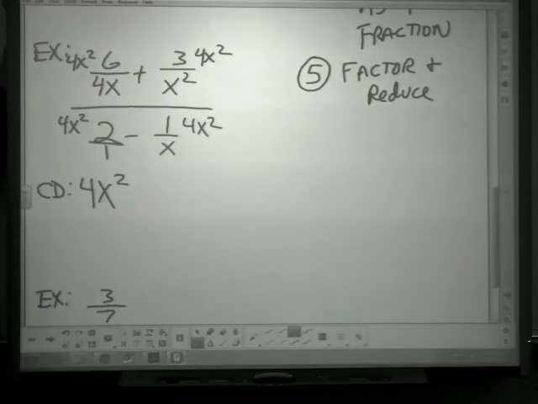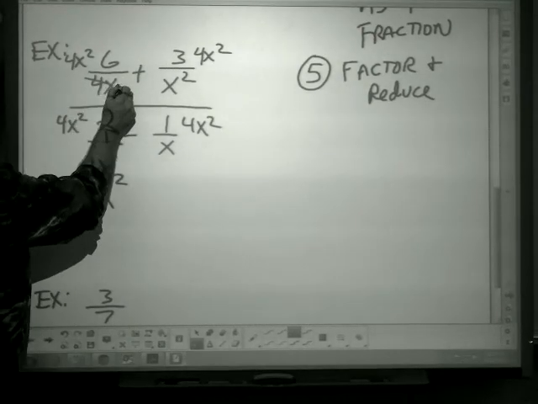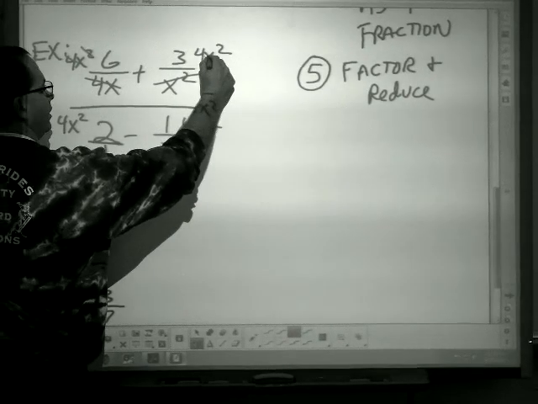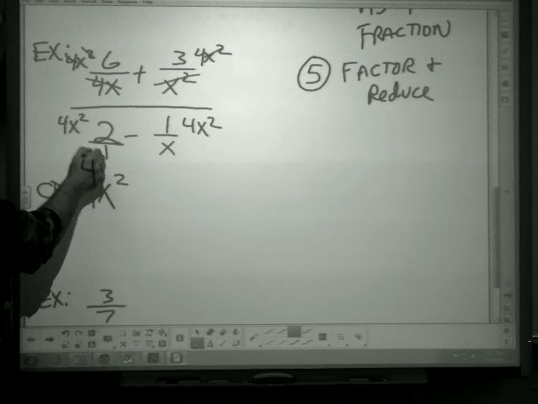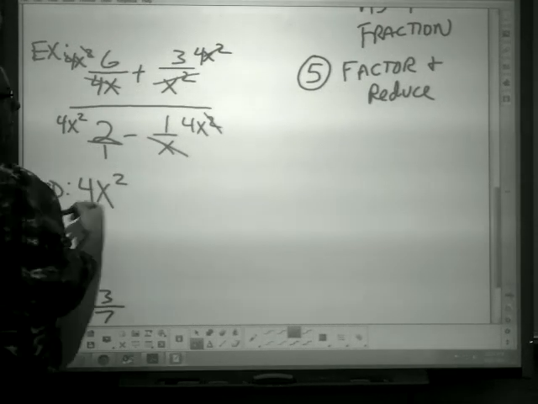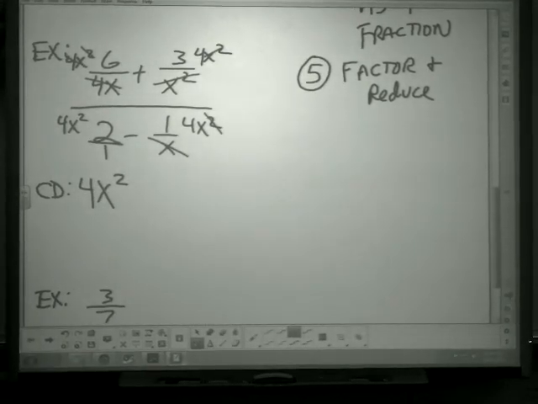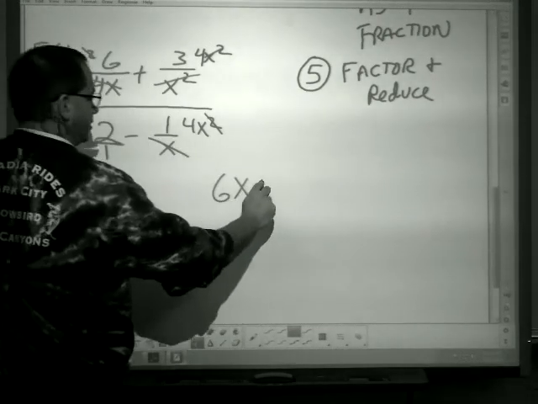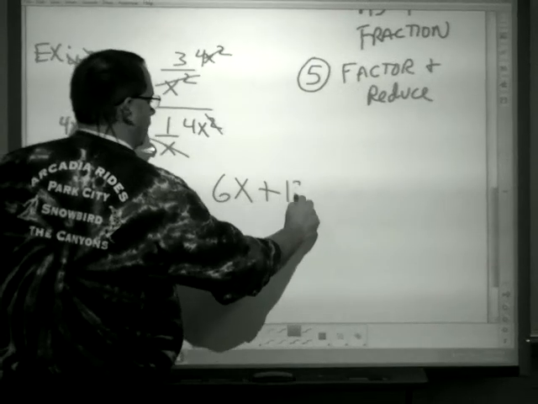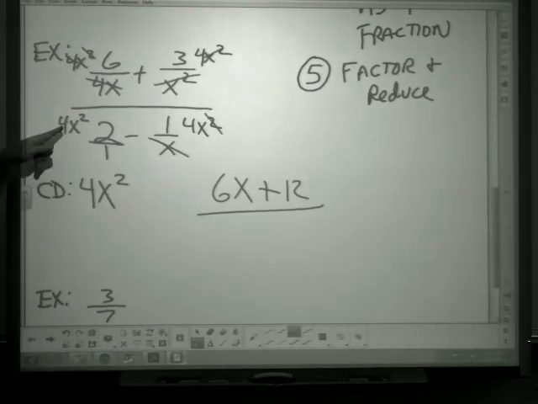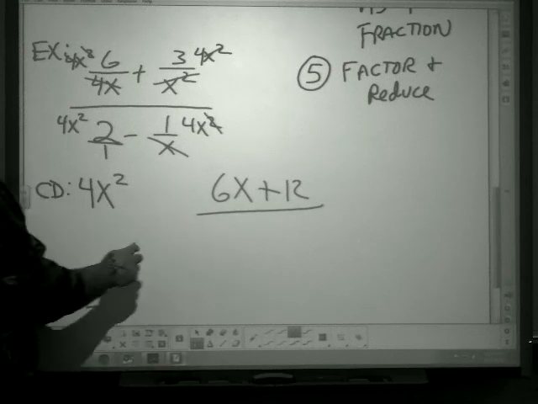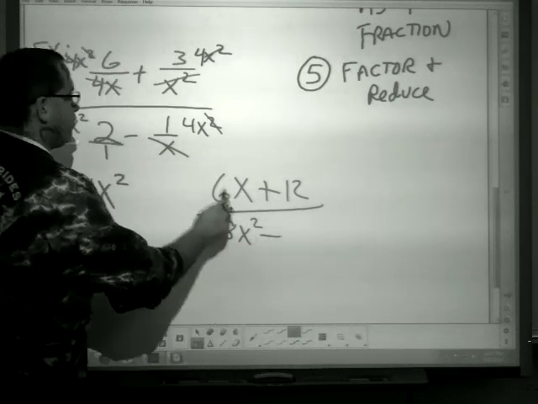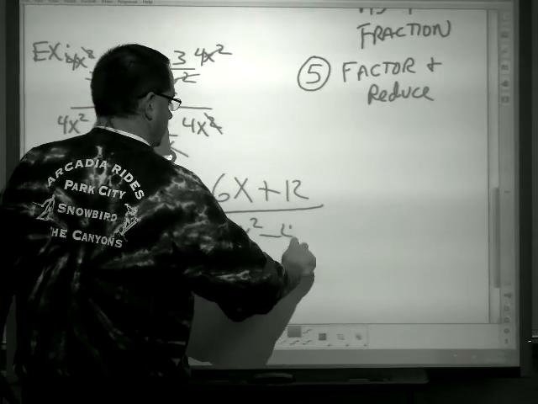Next step, reduce. So 4x with 4, and then the squared is gone on the x. x squared, nothing to reduce here. x with x squared, leaving me just x. So what do I got? I got 6x plus 3 times 4 is 12. 4x squared times 2 is 8x squared minus 4x.